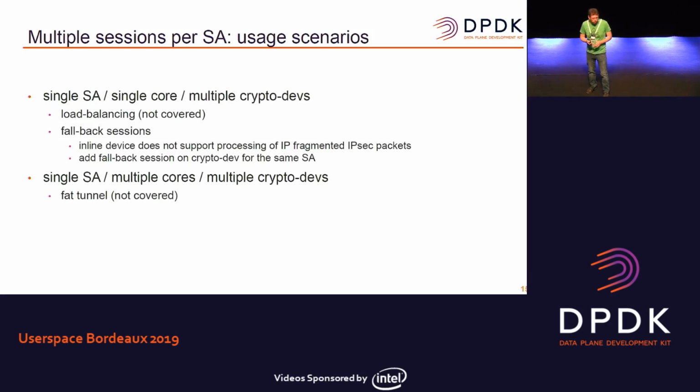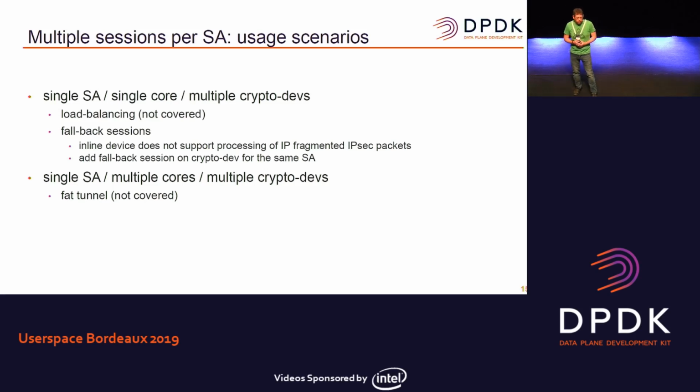We'll be able to utilize that for load balancing, potentially, where you could have multiple crypto devices all processing the same SA when you put in the infrastructure around handling the ordering issues. The initial element that we're looking at addressing is using this to enable a fallback session.